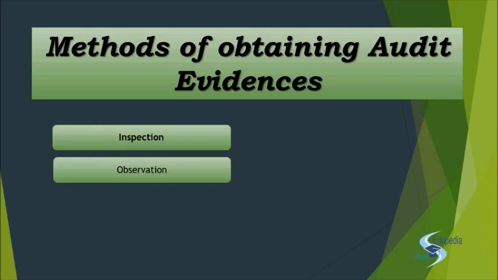Next you have observation. So what is observation? Again, if I connect it to the same example, inventory count. As per SA 501, where we have specific considerations for certain items and inventory is a part of that, you are not supposed to perform the inventory count, but you are supposed to attend the inventory count when it is being performed by the management. So what do you do by attending that? You observe it.